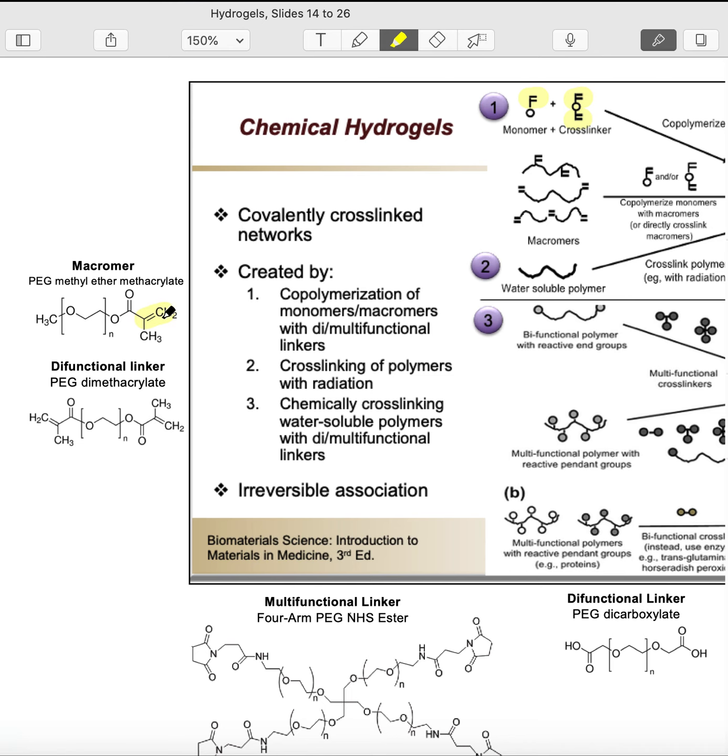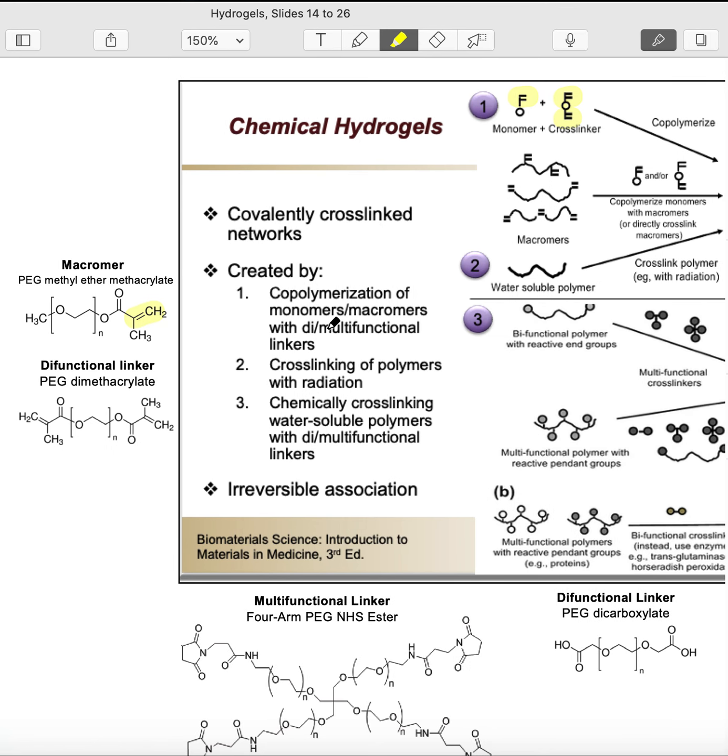Thereby, that group enables us to make this a part of a new polymer chain that would grow along this carbon-carbon bond. So this is an example of a macromer. That's polyethylene glycol methyl ether methacrylate. And of course, you would be polymerizing this vinyl group, the carbon-carbon double bond, into a new polymer chain that would have now this prepolymer as a pendant group.